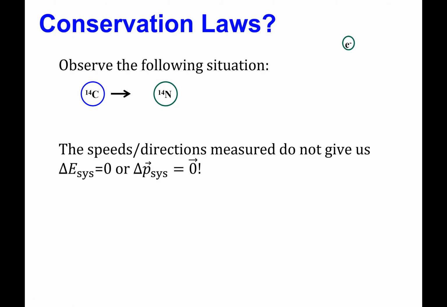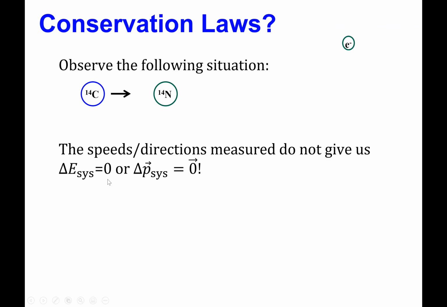Well, first of all, we note that in these experiments, it's often the case that the electron and the nitrogen atom are moving in such directions and with such speeds that these things are hardly conserved. So the change in the total energy of the system doesn't equal zero.